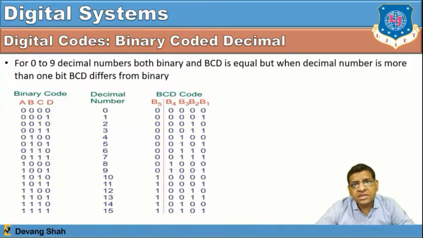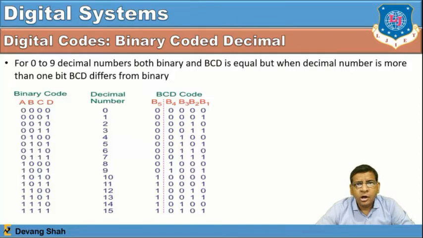Why? Because each digit is represented in the form of 4 bits of binary. So here you can see the difference between the bits, or the code, from binary to BCD. From 9 to 10 decimal digits, you can see the difference, right?